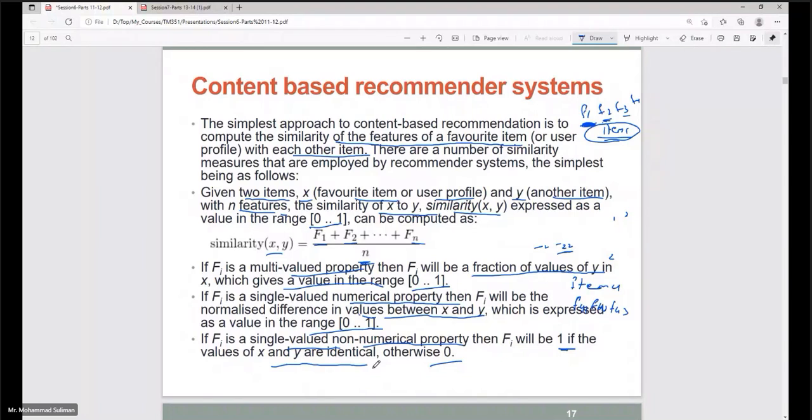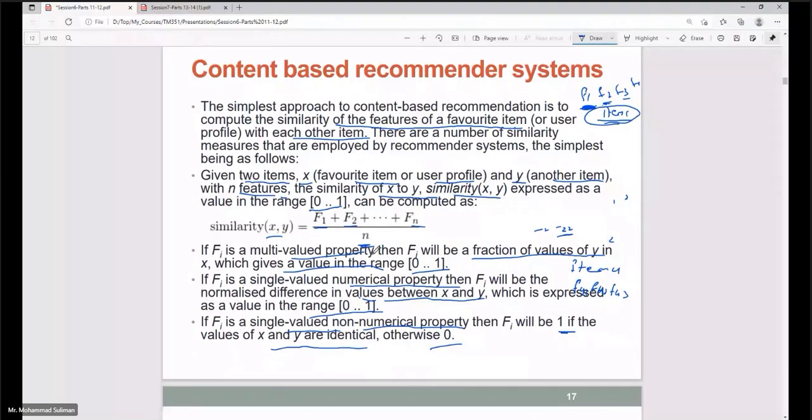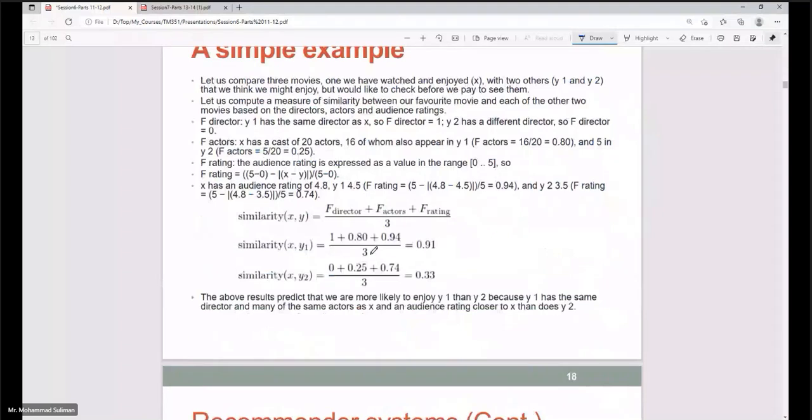We'll take a simple example here. Let's compare three movies. One we already watched and enjoyed, which is movie X. There are two other movies, Y1 and Y2, that we think we might enjoy, but we'd like to check before we pay to see them.